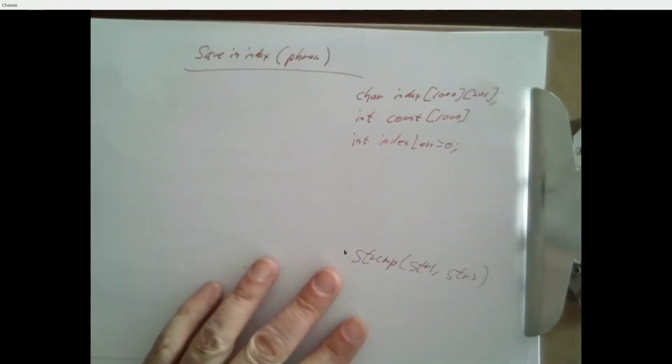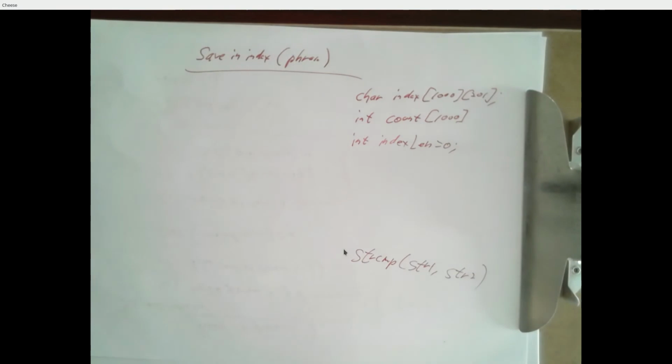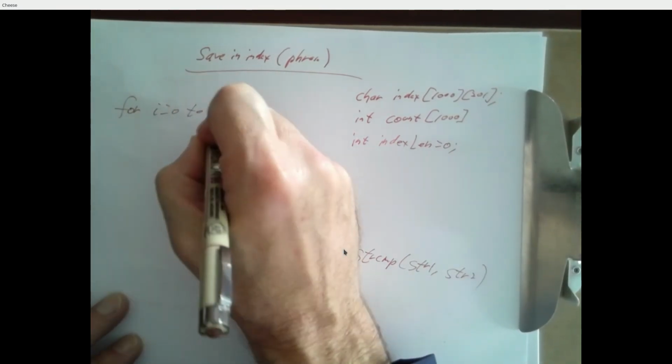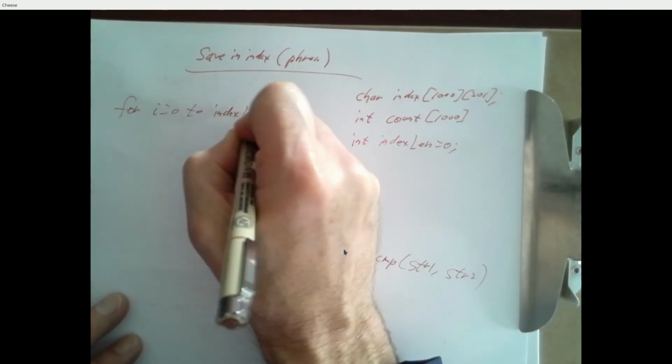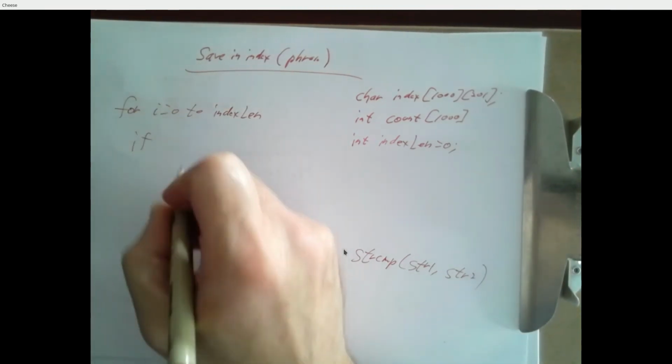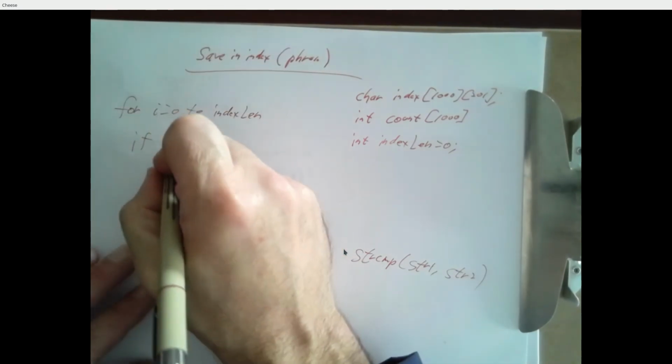All right, so how do we save a phrase in an index? Let's just iterate over the length of our index, the number of things in our arrays.